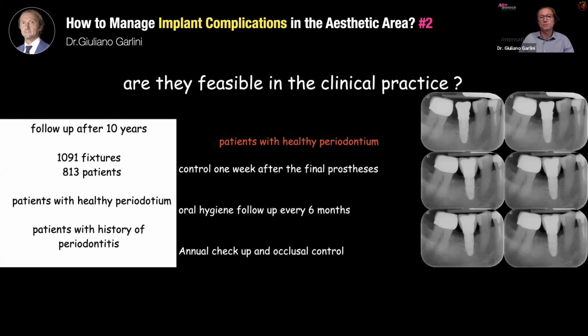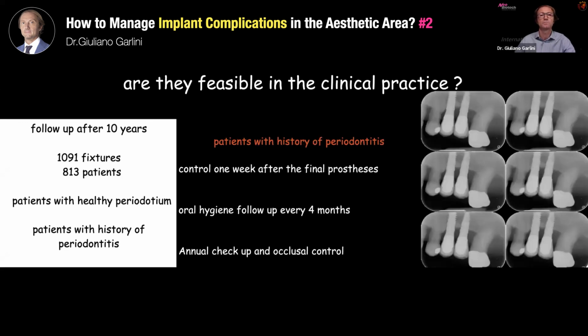So after the final prosthesis is set, we go for an oral hygiene follow-up every 6 months with patients with a healthy periodontium. And on the other hand, we go for oral hygiene follow-up every 3 months with patients with a history of periodontitis.